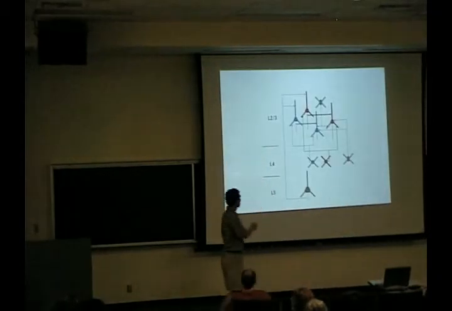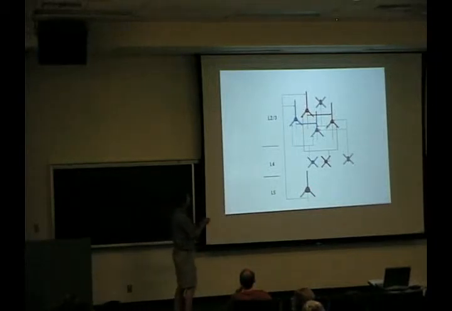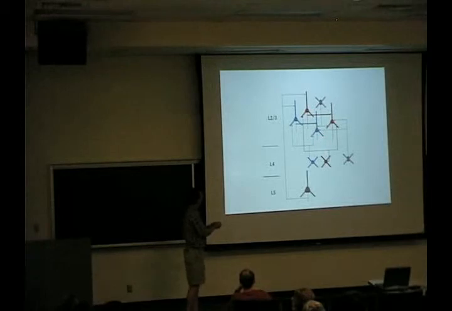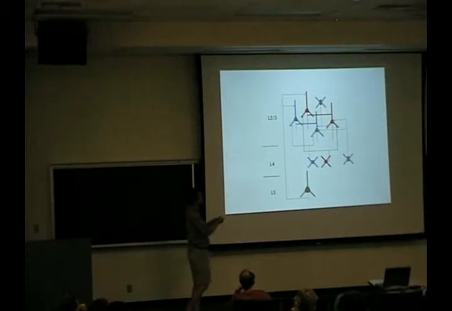So this schematic diagram summarizes what I told you. With respect to layer 2, 3 pyramidal cells, feed-forward input from layer 4 defines populations of cells that it's selectively connected to. So one set of layer 4 cells connects to one set of layer 2, 3 pyramidal cells and a different set of layer 4 cells to another one.